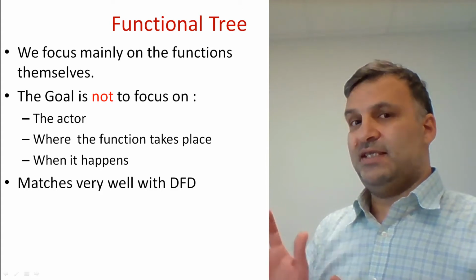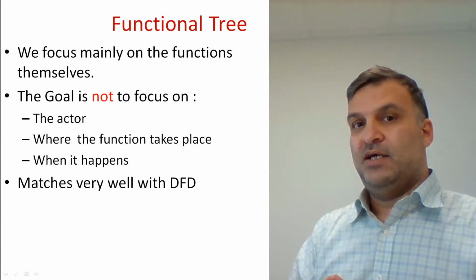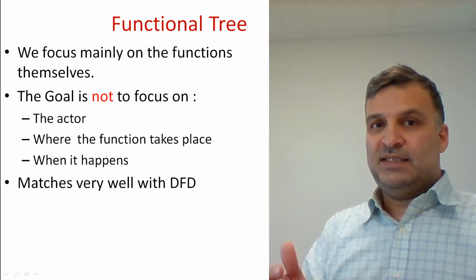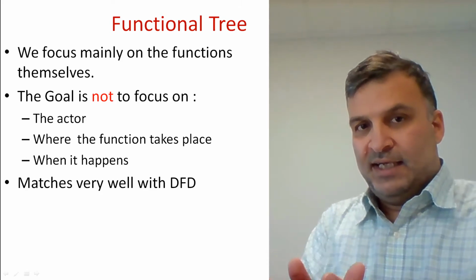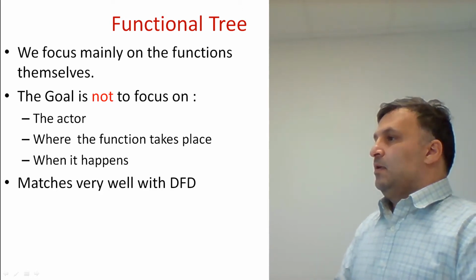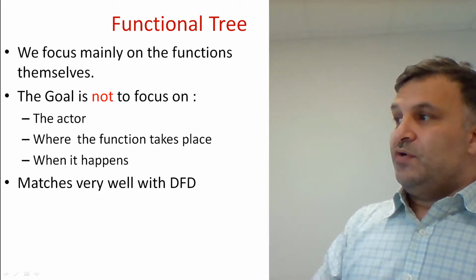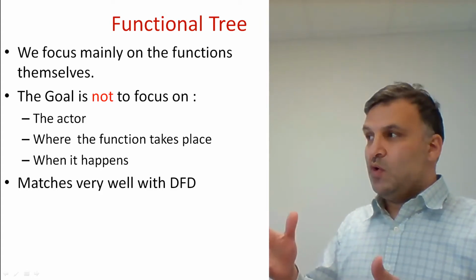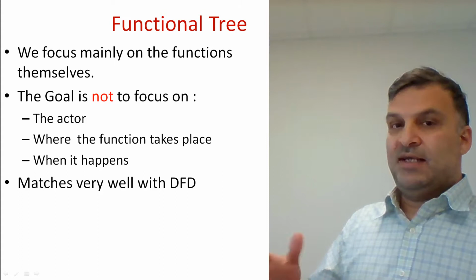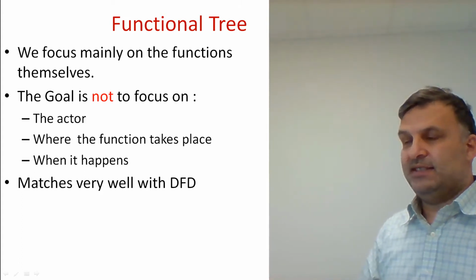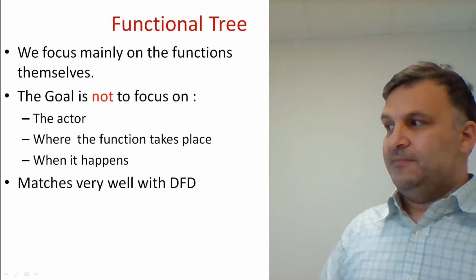So in such diagrams, if we say, for example, student, it's not correct. Perhaps learning, teaching, etc. are functions. The goal is not to focus on the actor, so we don't know from this function who makes the action. We don't know from these diagrams where the function takes place and when it happens.